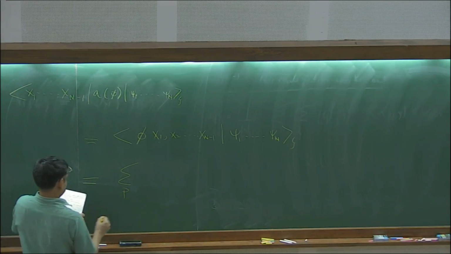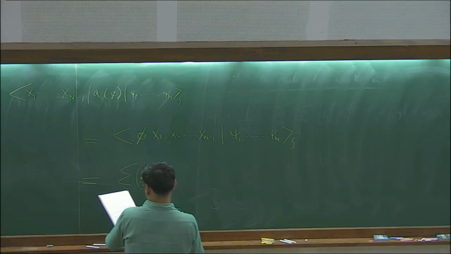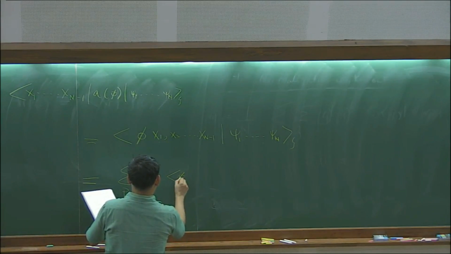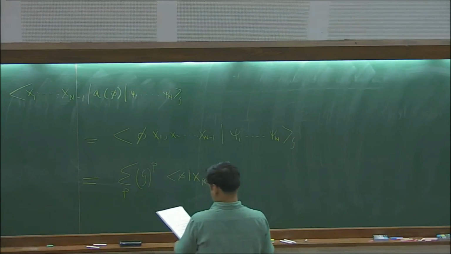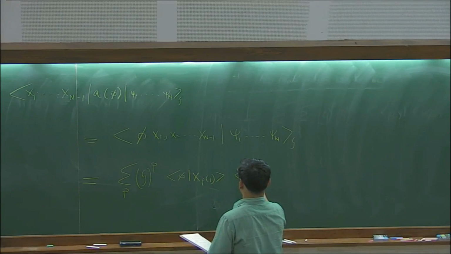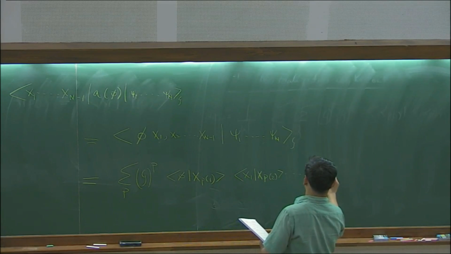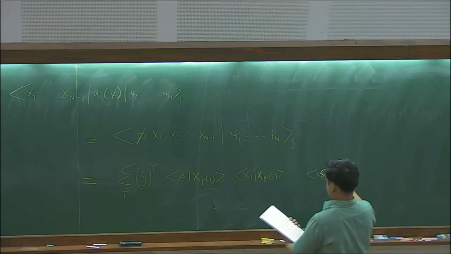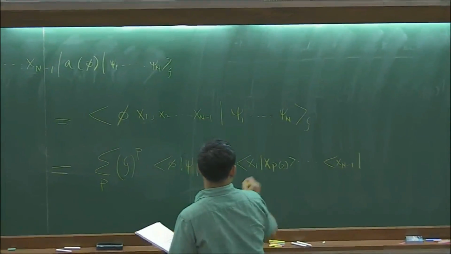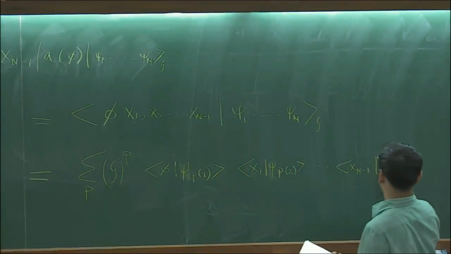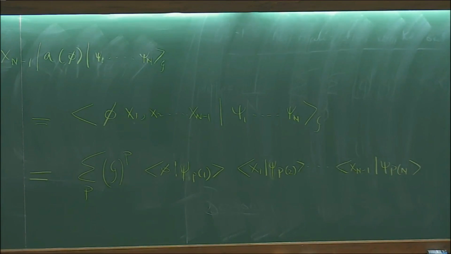Permutation of n labels. Everybody with me here?